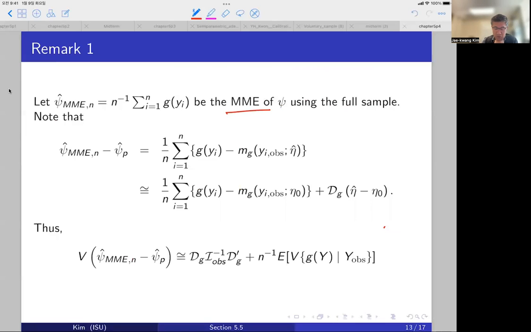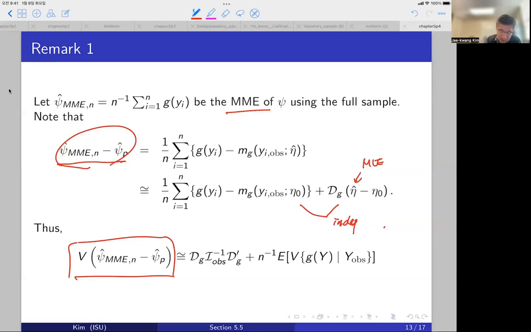First, remark one: this is the method of moment estimator. If you look at the difference between the two, you can use the Taylor expansion, and because it's MLE these two are independent. So what is eta hat P, by the way?